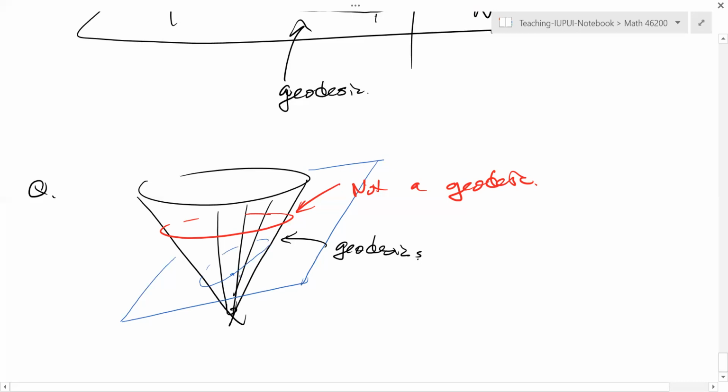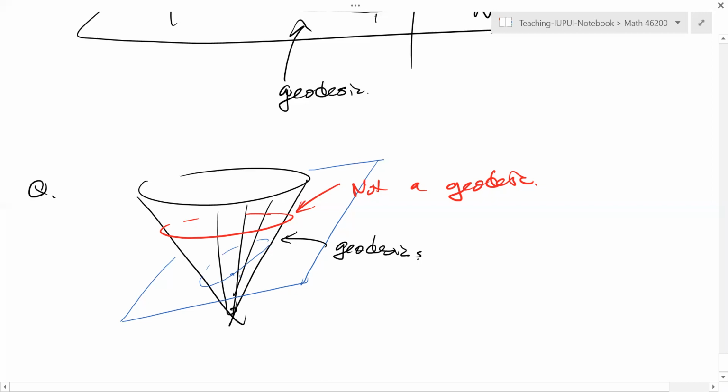It's harder to describe. You have to find the right angle to cut this cone, so that at every point, the cone is perpendicular to the plane.